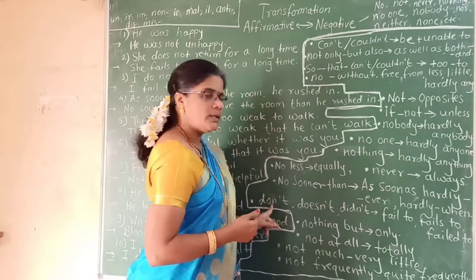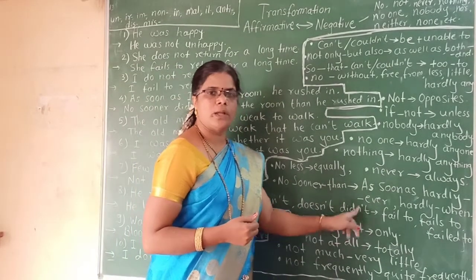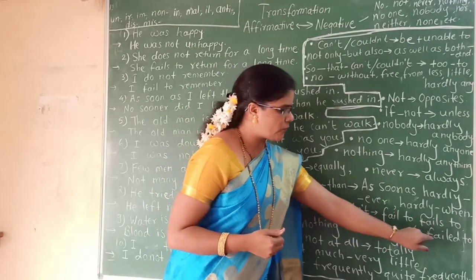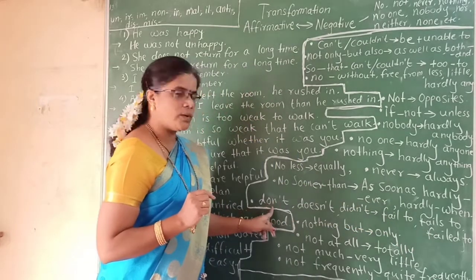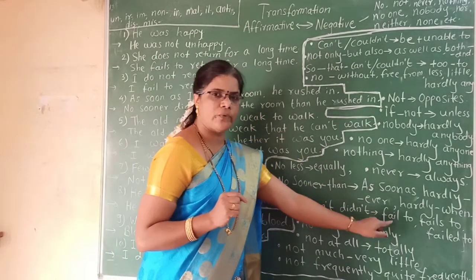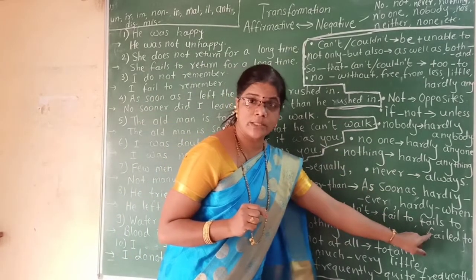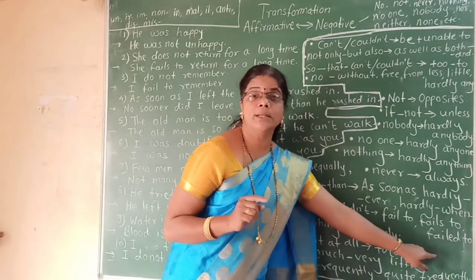Next one, instead of don't, doesn't or didn't, we have to use fail to or fails to or fail to respectively. Means what? If there's don't in the sentence, you have to use fail to. If there's doesn't in the sentence, you have to use fails to. If there's didn't in the sentence, you have to use fail to.